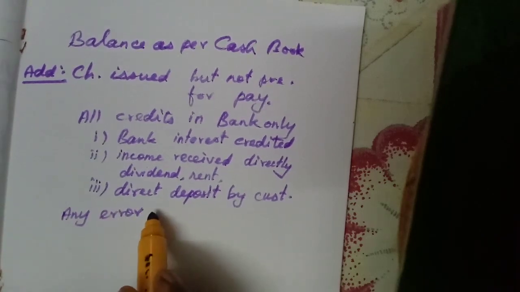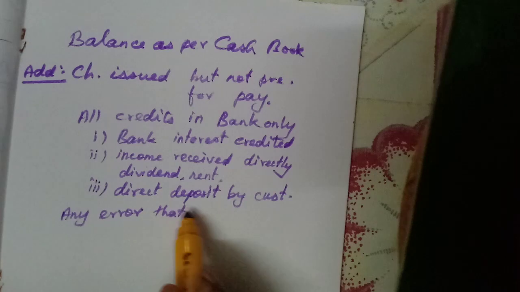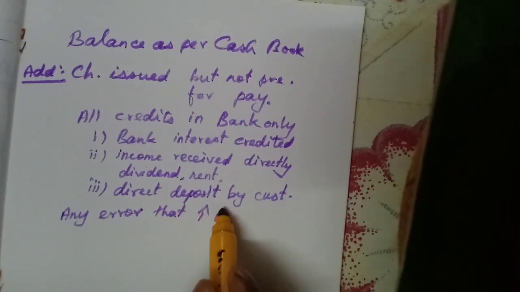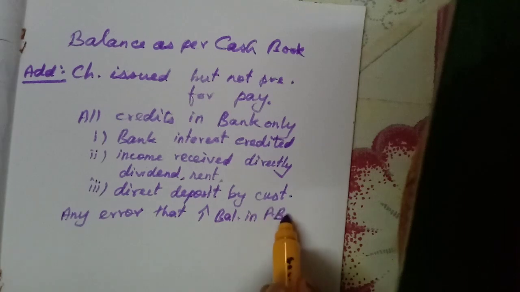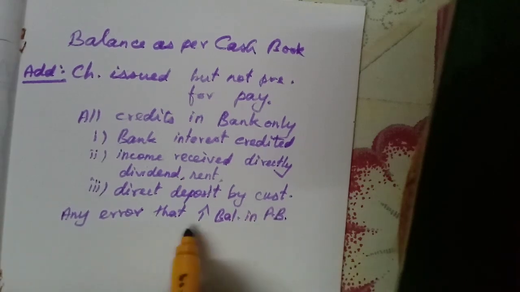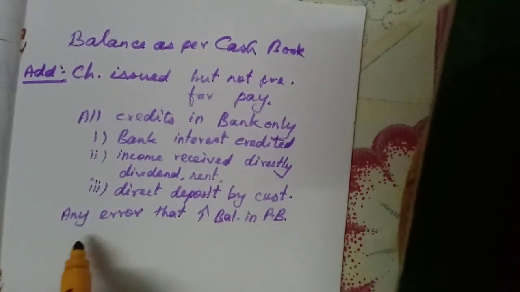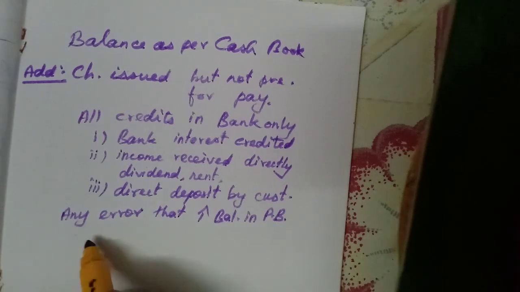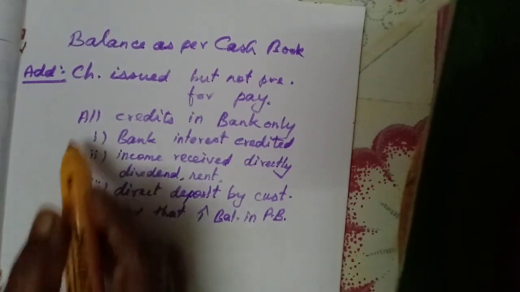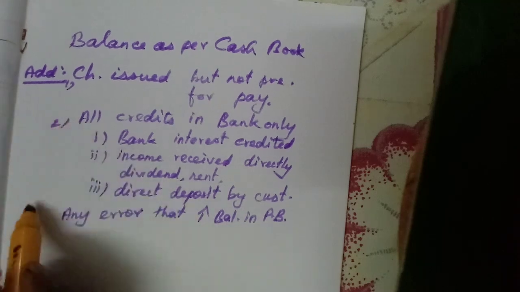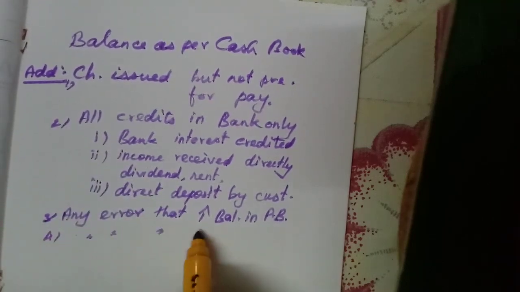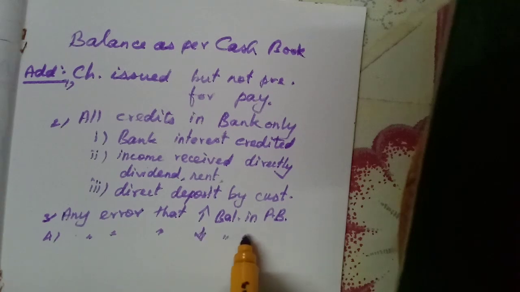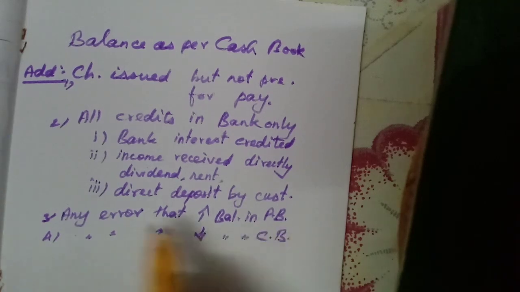Any error that increases the balance in passbook, or the same thing, opposite also we can say. We should add number 1, 2, 3. Any error that reduces the balance in cash book, we need to add.